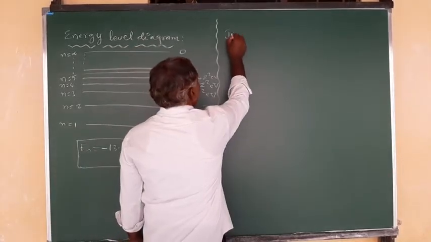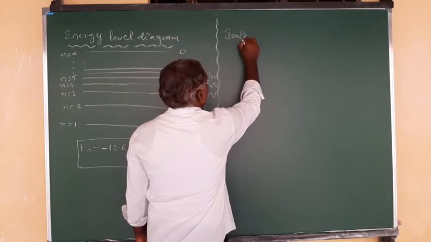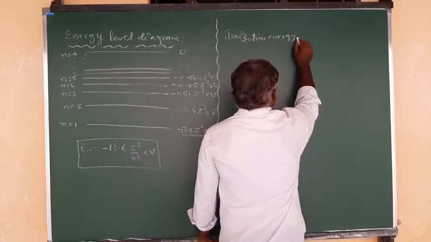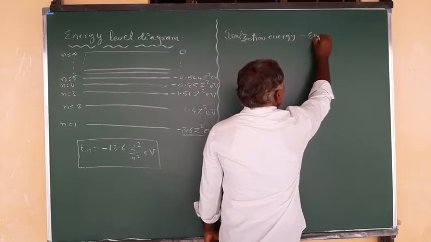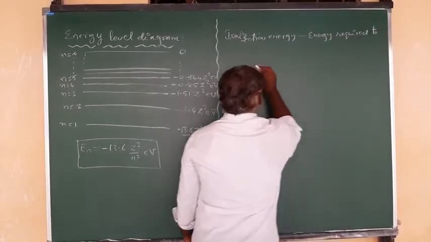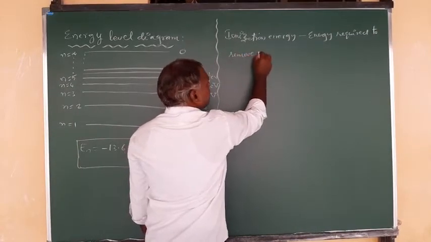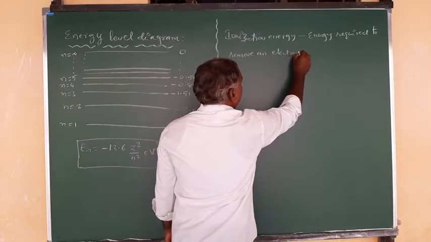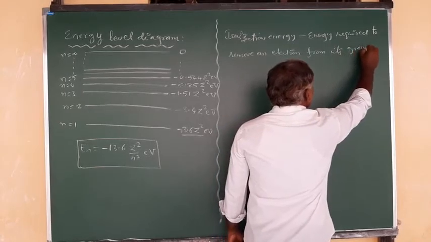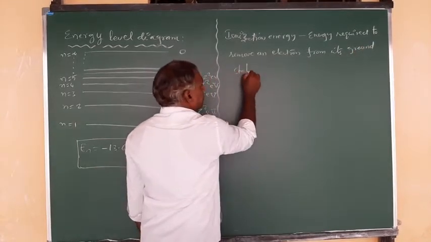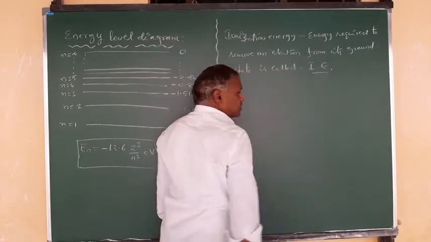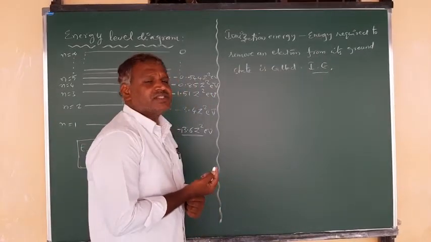So now you can write here, ionization energy, which is nothing but the energy required to remove an electron from its ground state.